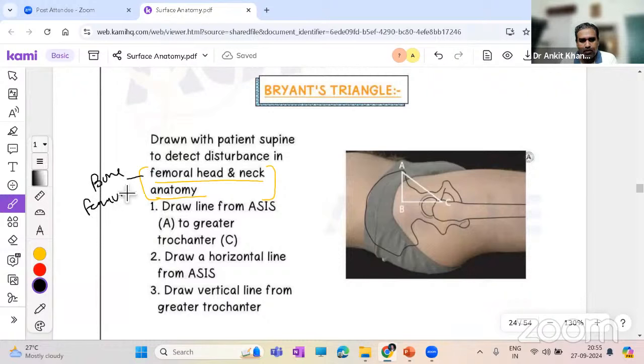In the femur bone, we have the head and neck at the upper part. The upper part of the femur bone has a big head and a long neck, and then there's a greater trochanter and lesser trochanter, and the bone goes down. So disturbance in the anatomy of head and neck. Fractures are also common, particularly in old age. In old age, osteoporosis will occur. People fall down, they slip in the washrooms where there's water on the floor.